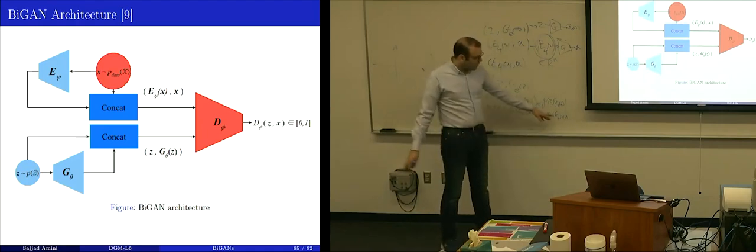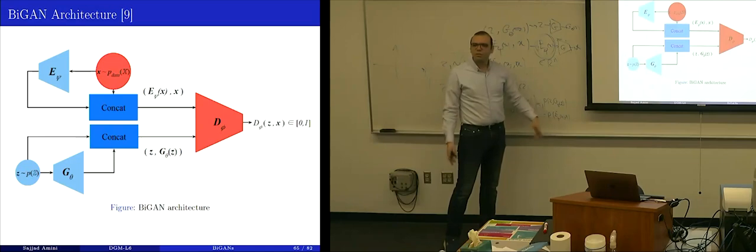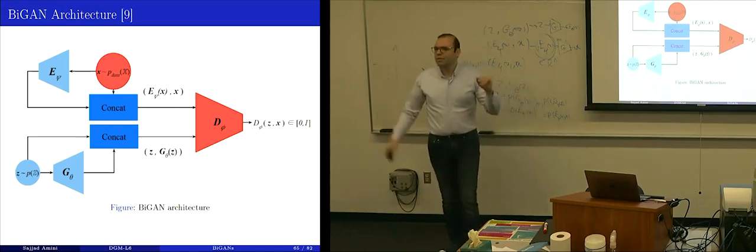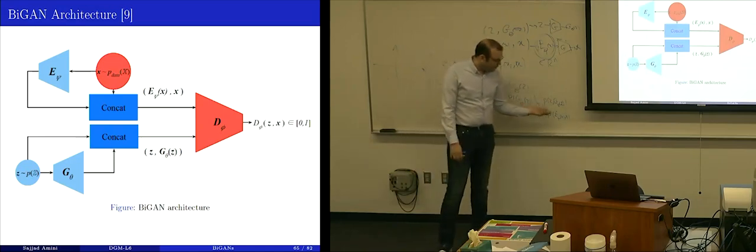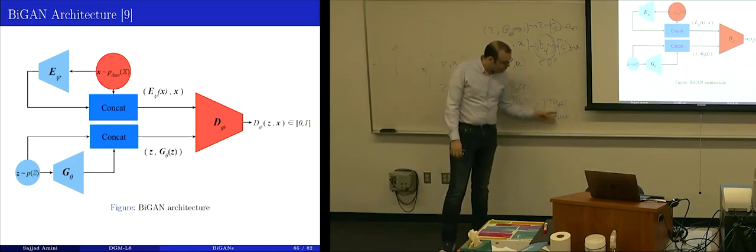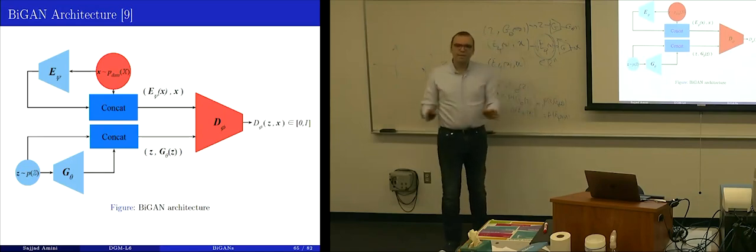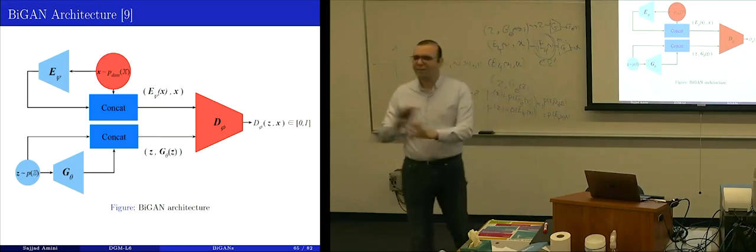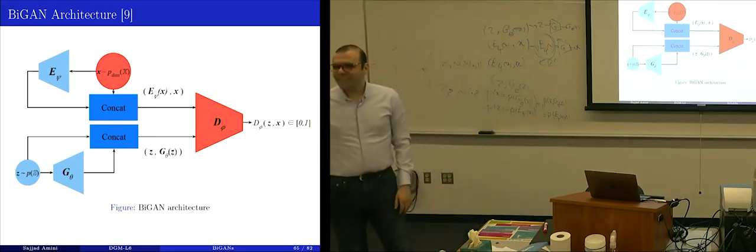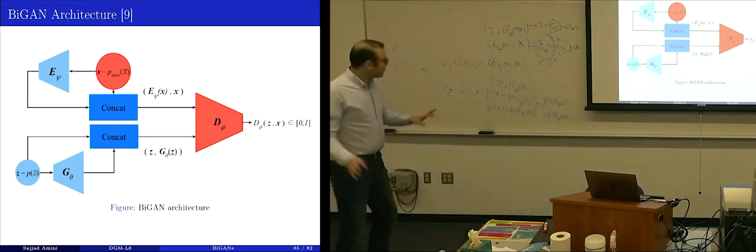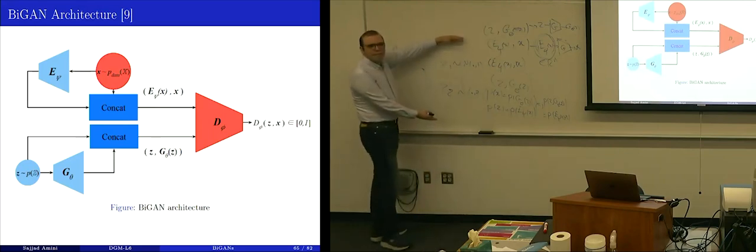You can easily find some E psi of x such that the output is a standard Gaussian. But does that make the distribution of the joint exactly similar? Confidently, no. Just pay attention to the example of the simple Gaussian.